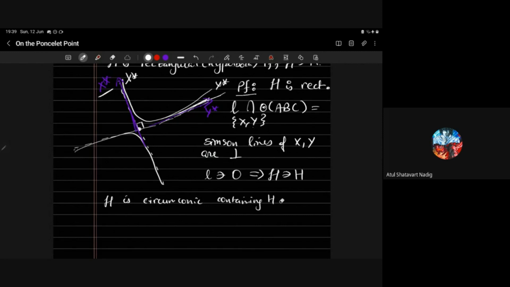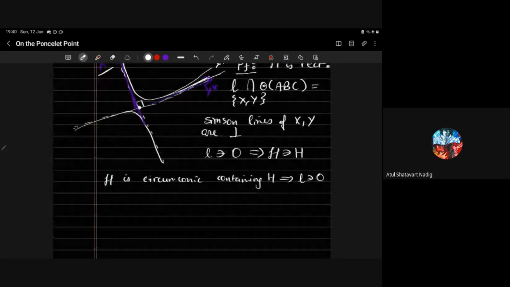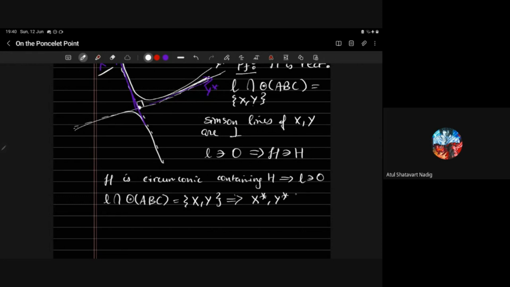Then let's call the isogonal conjugate L. L contains the circumcenter O. So if L contains O, then L intersection circumcircle will have two antipodes X and Y, and these antipodes will have perpendicular Simpson lines, which implies X star and Y star, the isogonal conjugates of X and Y, are along perpendicular directions.